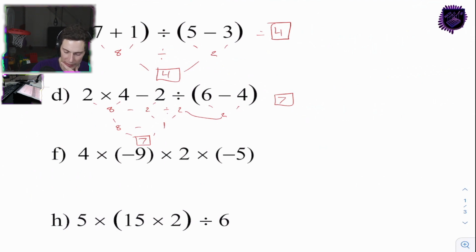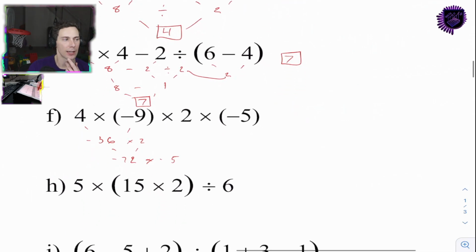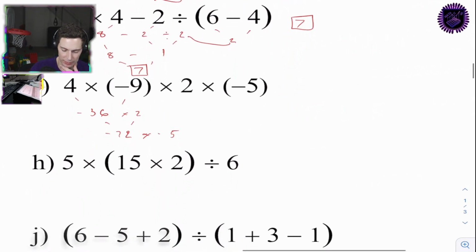Right. So we have, again, okay, so 4 times 9, this is going to be negative 36 times 2. It's going to be negative 72 times negative 5, what's that going to be? 350, 360?